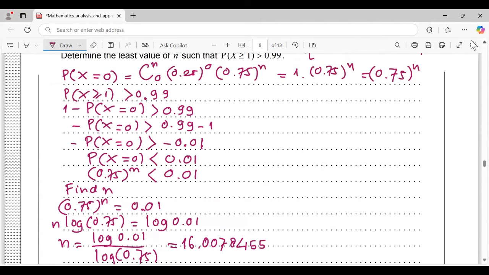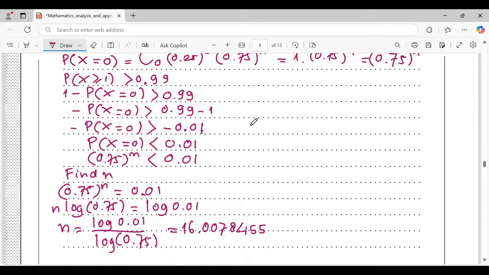Let's check the solution area. This is the number line, and 16.0078455.